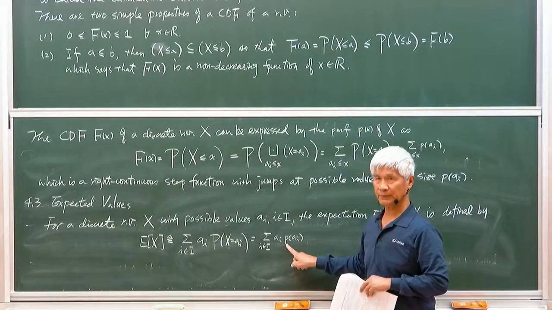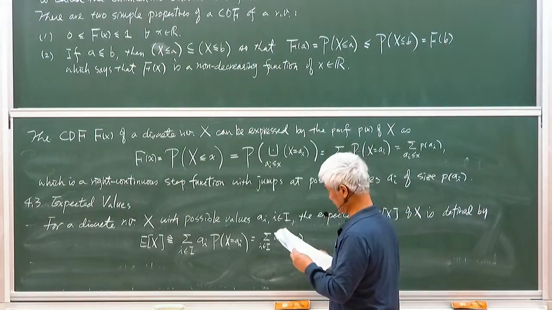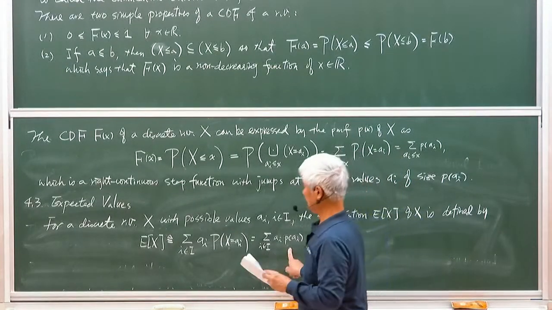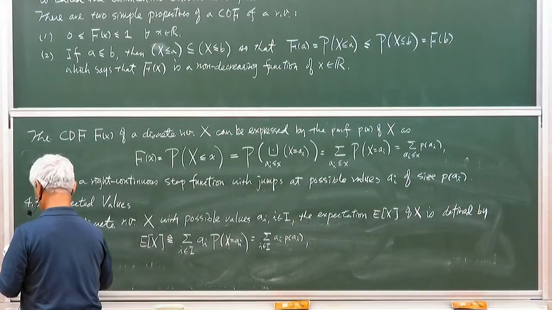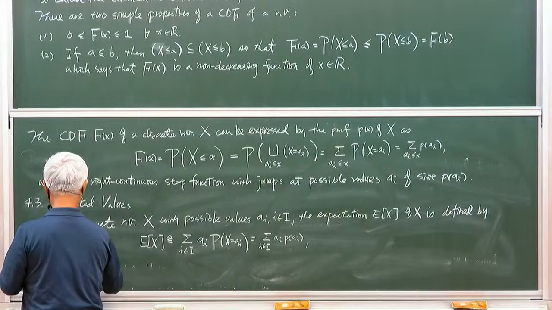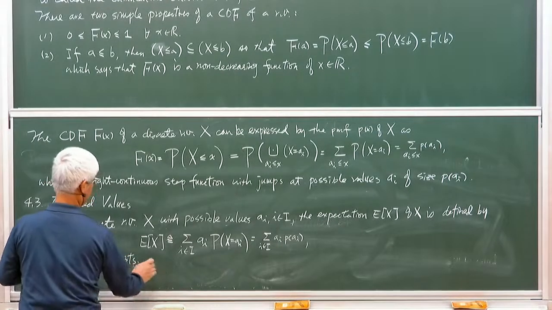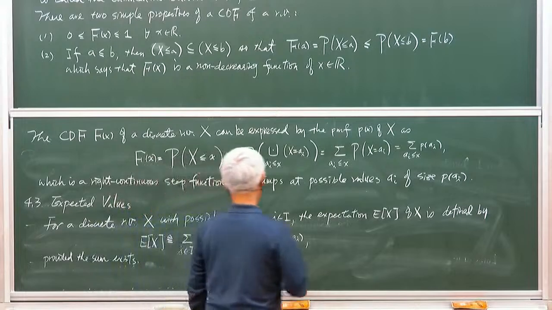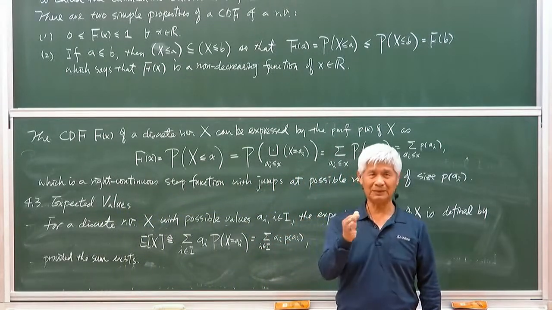Okay, so if we use the PMF, little p, of the discrete random variable, and provided the sum exists. So this is a countable sum, maybe an infinite sum.